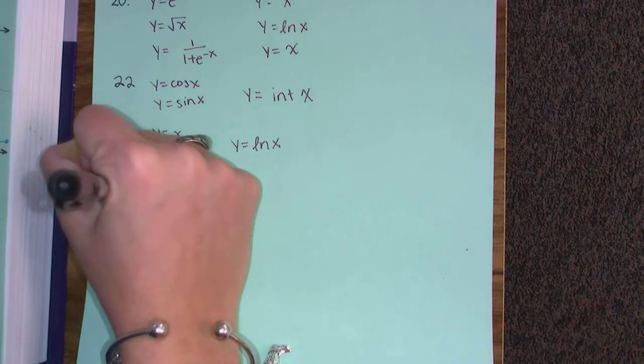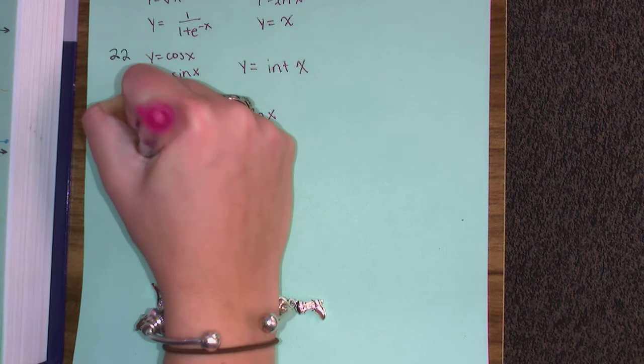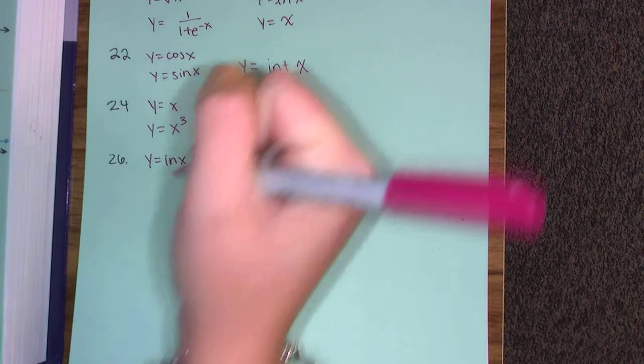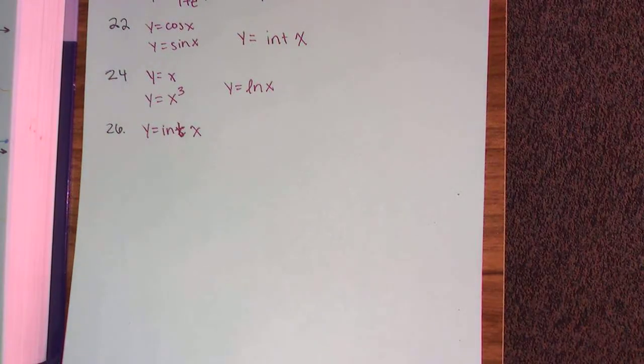Alright, 26. The three functions with end behavior, the limit as x goes to negative infinity of f of x is equal to negative infinity. So as basically the x values get more negative, the y values are getting negative. Yep, the integer function is 1. Nope.